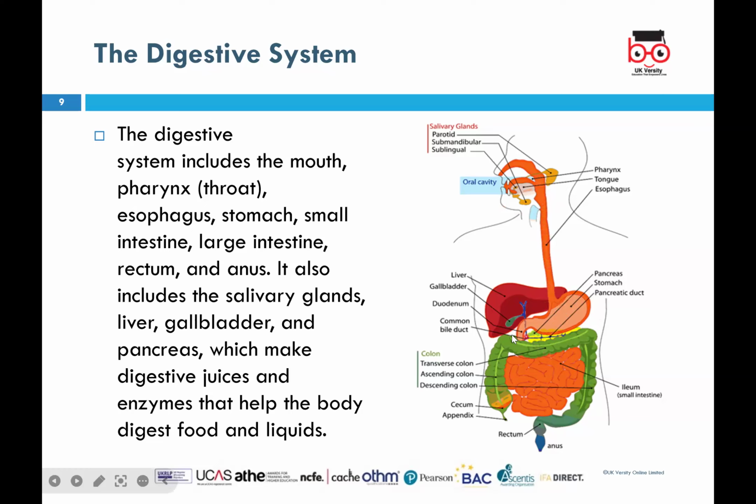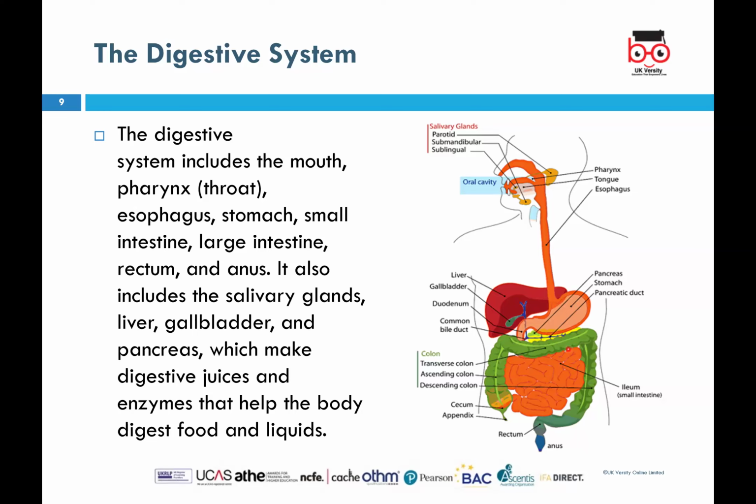You have the small intestine. This is the small intestine. And then you have the large intestine. And then you have the anus and the rectum. So all throughout this process, you have all of these working towards the digestion of food.